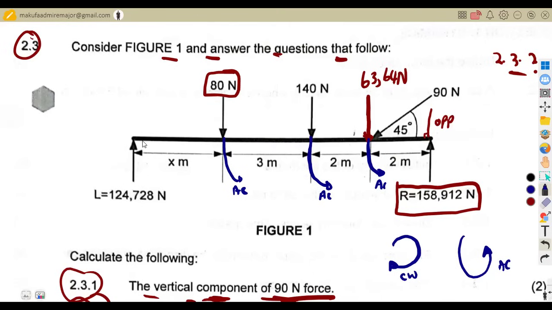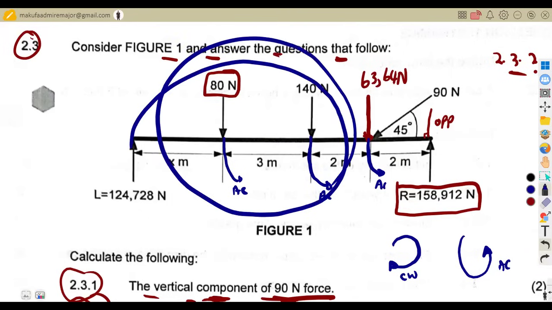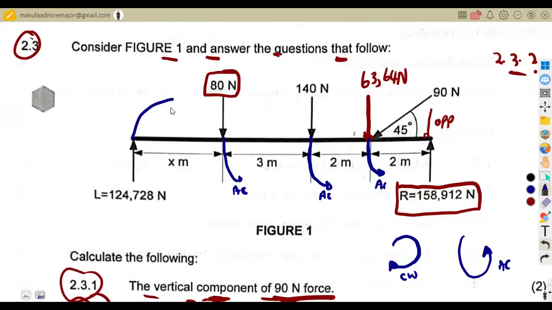But if you consider the support L as it moves towards R, which direction is this? This is the clockwise direction. So it is the only one that is moving clockwise. The rest are anti-clockwise as they move towards R.